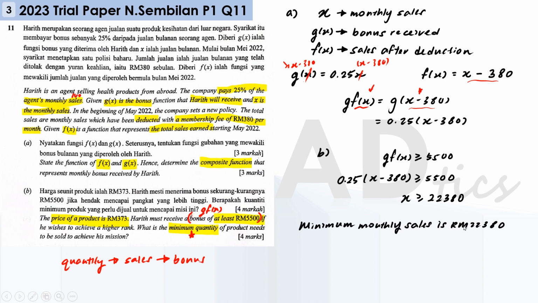Now we know the minimum monthly sales, then we can go backwards to find the quantity, which is why this price of a product is given. The total sales we divide by the price of one product, and we'll get 60. So this means that Harif needs to at least sell 60 of these products to get this promotion.